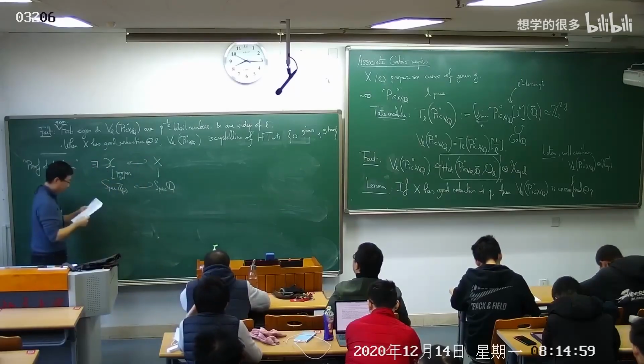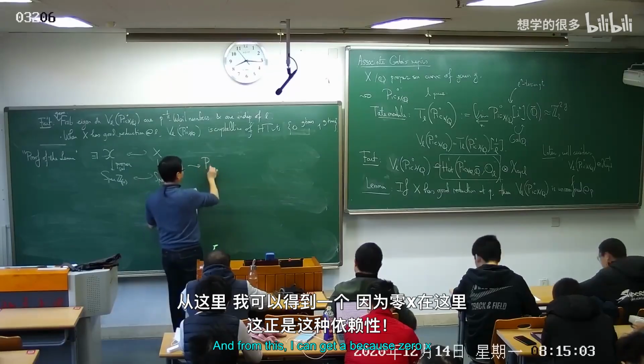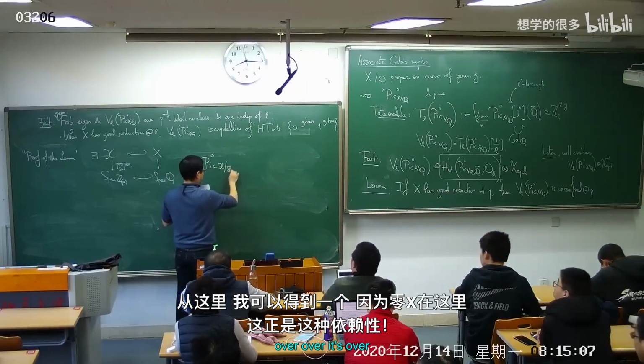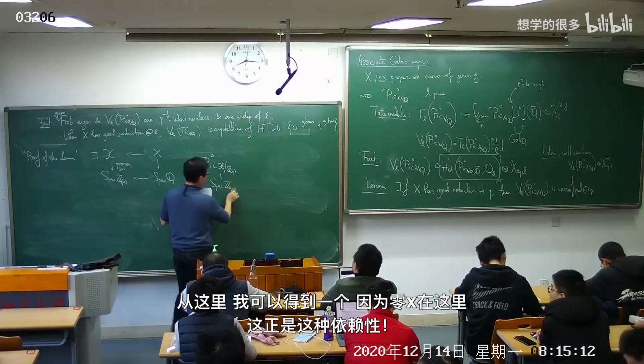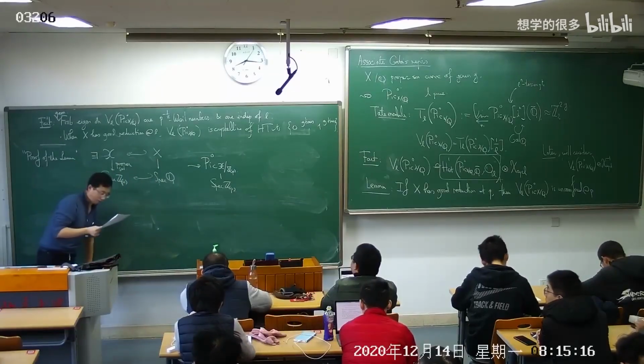X. And from this, I can get the L-torsion of X over Z_p, which is over Spec. Right, this is a Beaton scheme like so.